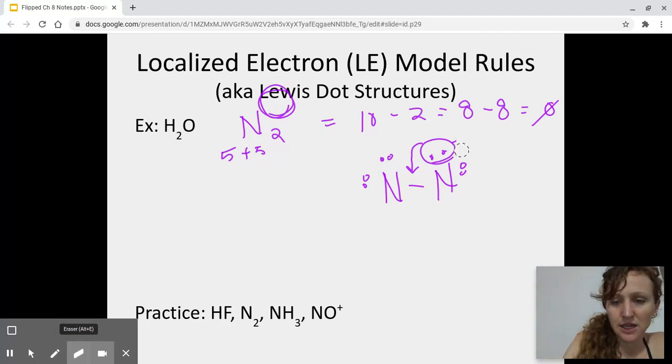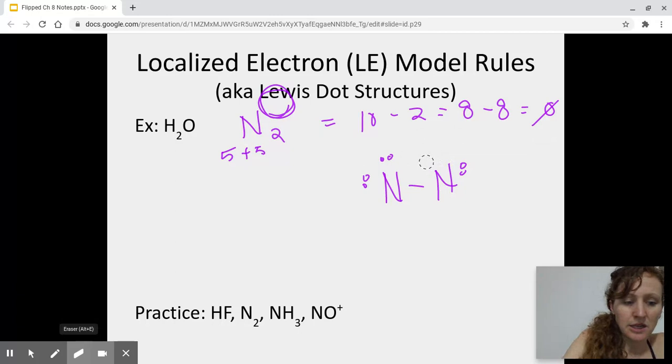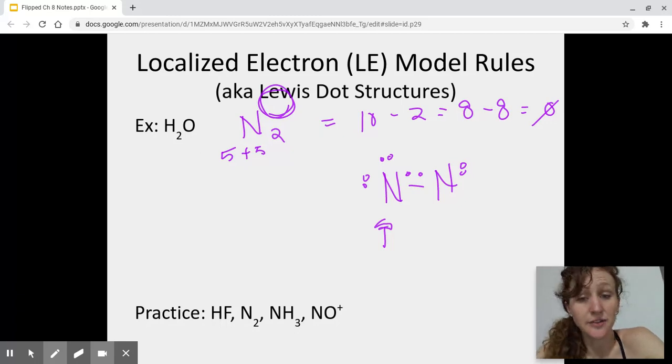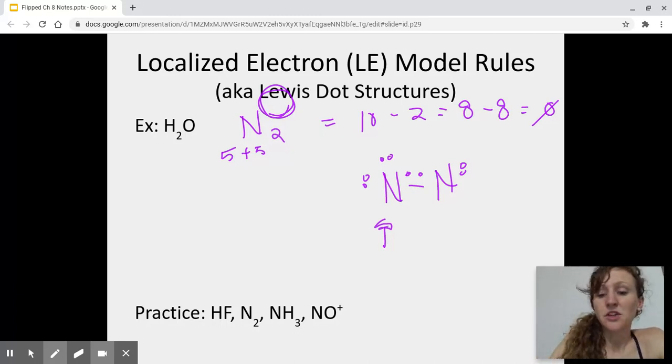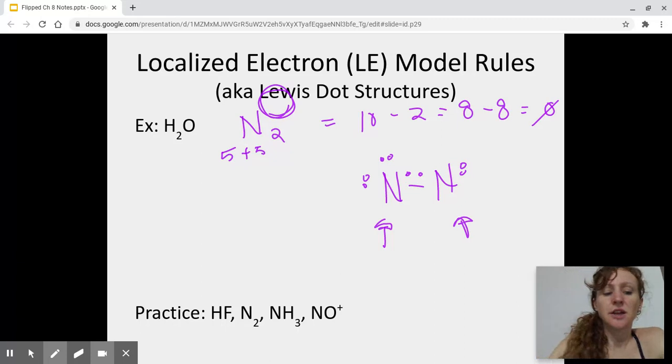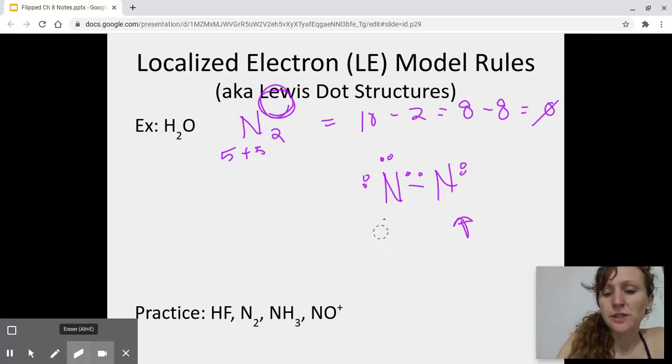I'm going to take these electrons off of this nitrogen and I'm going to share them. Okay. So the nitrogen here on the left now has 8, but the nitrogen here on the right that so sacrificially gave of its precious electrons does not have 8. It still only has 6. So the other nitrogen has to step up and do the same thing.